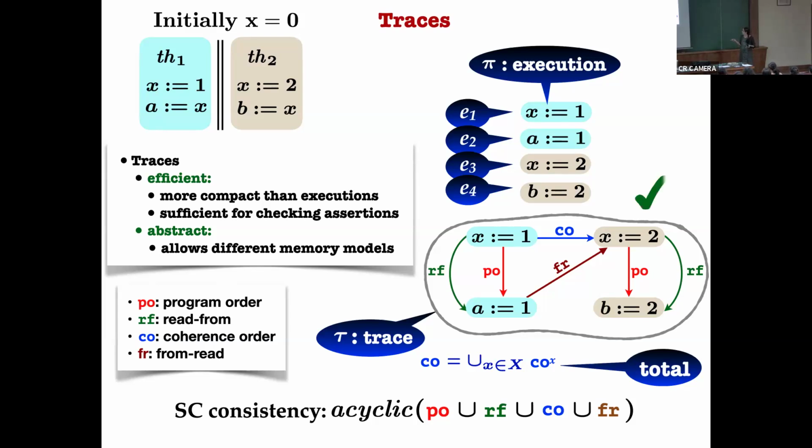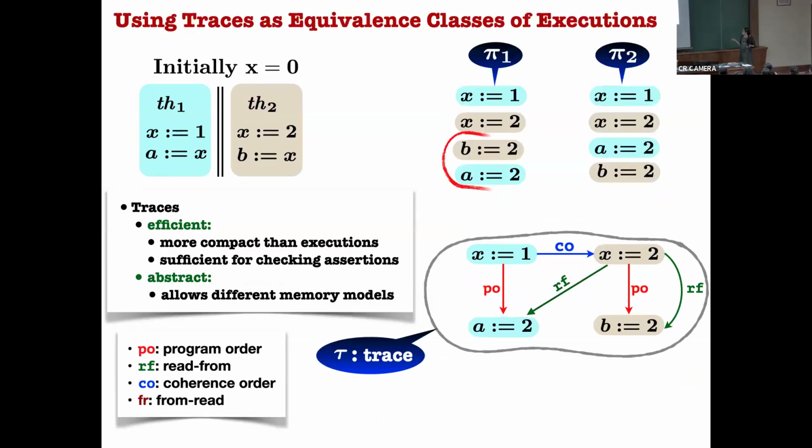Just to tell you that these graphs are a better notation than the executions. If you look at these two executions, they're two different executions, right? Do you agree that this graph captures both these executions? So what is the important information? PO is anyway fixed. Now the values read are 2, and RF is capturing that information.